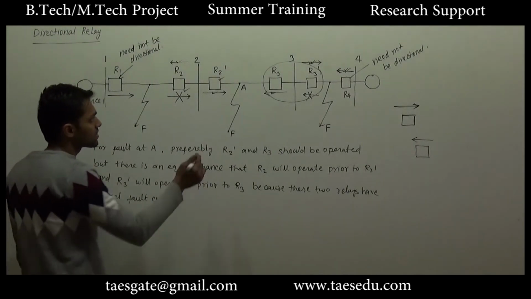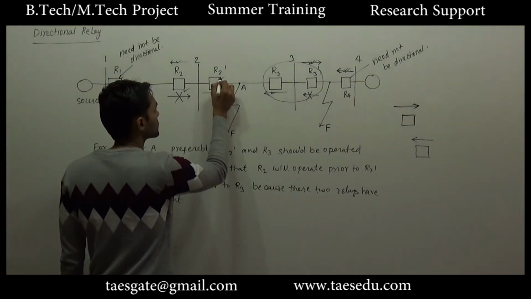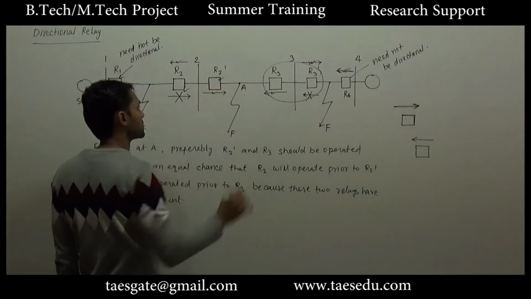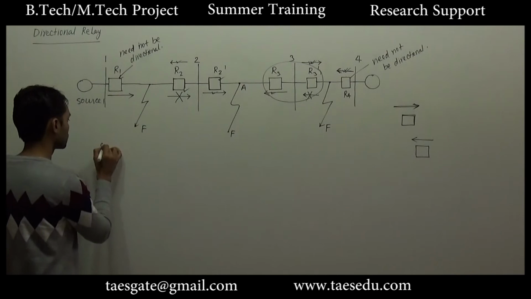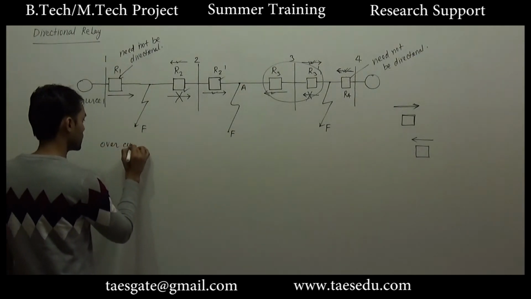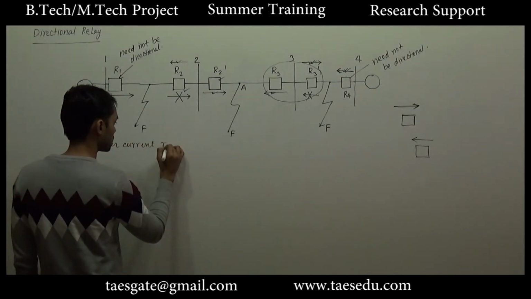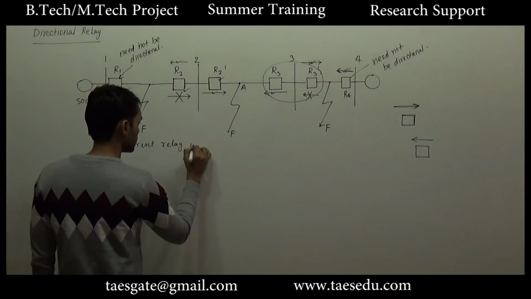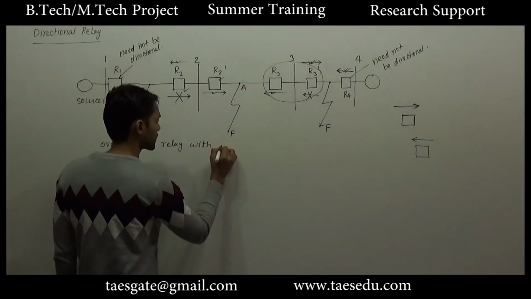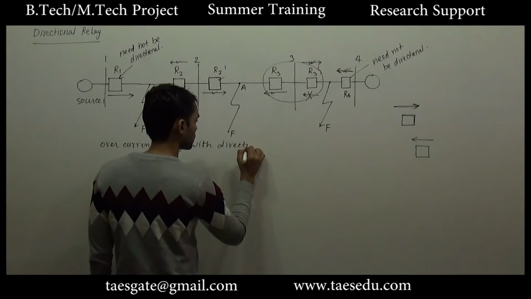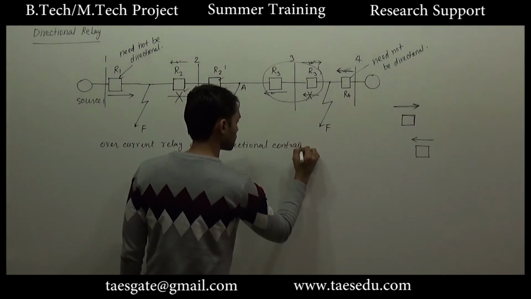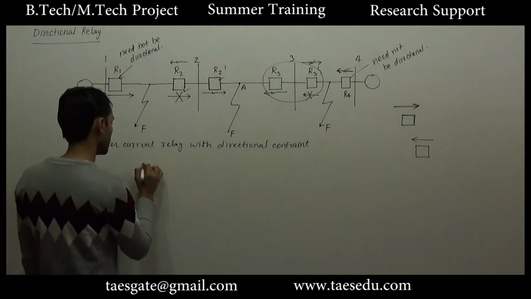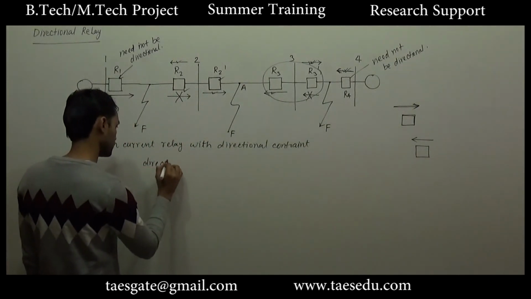So these relays are essentially overcurrent relays with directional constraints. This will be called a directional overcurrent relay.